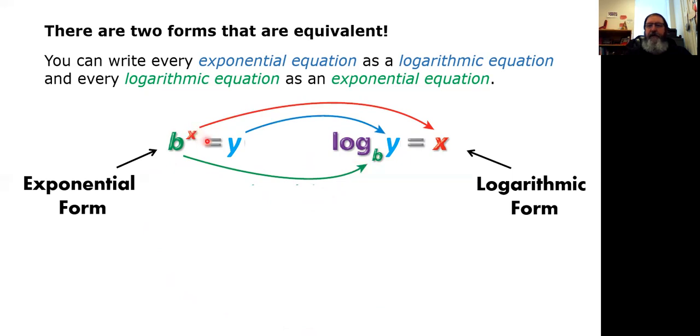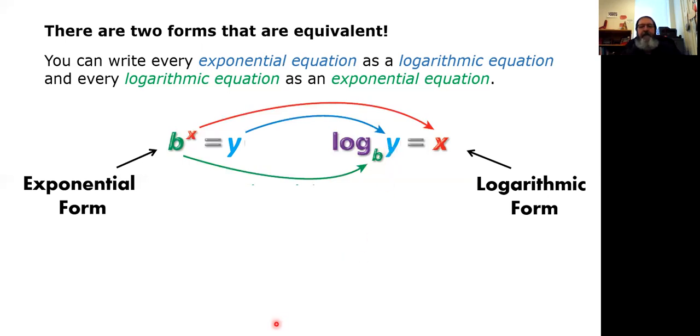Remember, logarithms are exponents. The verb "is" in mathematics always means equal. A logarithm is an exponent. This is the exponent; the logarithm equals the exponent. And the y here, the value I get when I raise the base to the exponent, is the same value that goes right here in log base b of y.